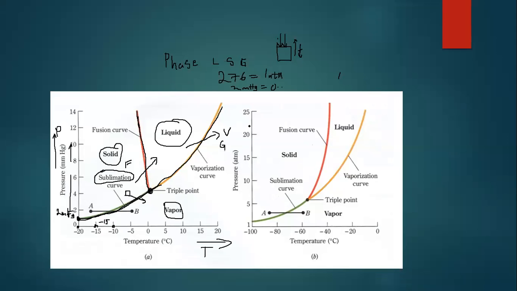Okay, so the triple point of water is the point at a certain pressure and temperature. So pressure has to be taken into consideration, and the temperature has to be taken into consideration. And this triple point is here. It's about at 4 millimeters of mercury and at 0 degrees.